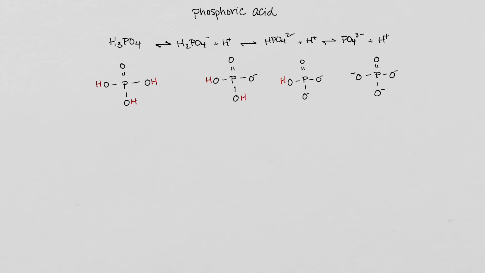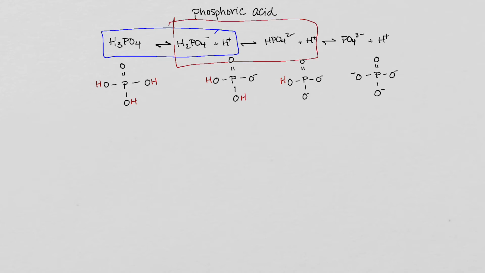So if you look at this here, this would be one of the equilibria. And then you would have another one here, and another one here. So go ahead and now write out the K expressions for these 3.